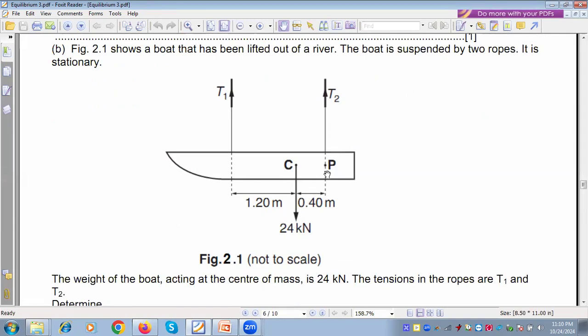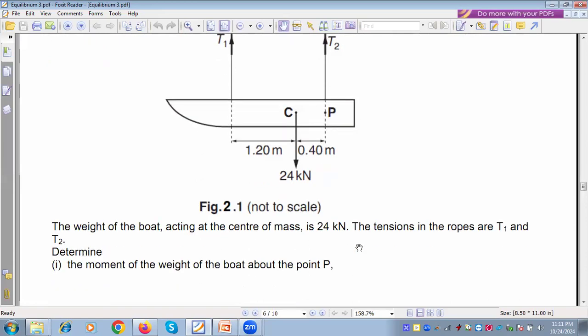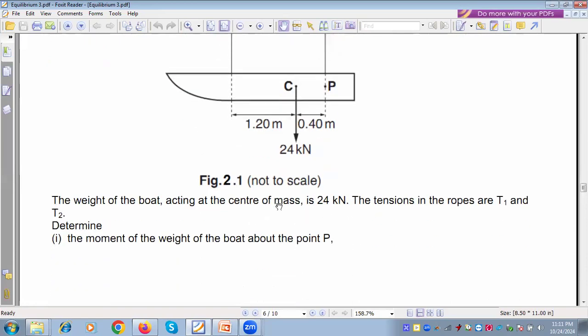T2 is acting at P at a distance of 0.4 meter, and T1 is acting at a distance of 1.2 meter from the center of gravity of the boat. Not to scale means this cannot be done by measurement. The values are just written. They are not according to the measurement.